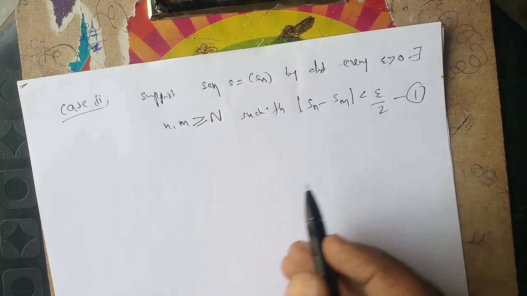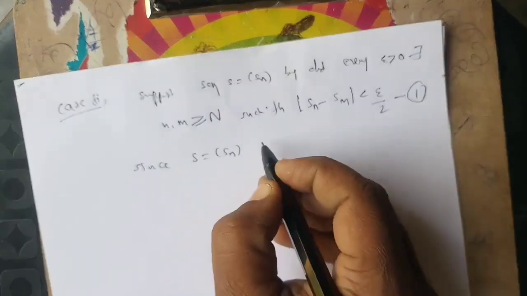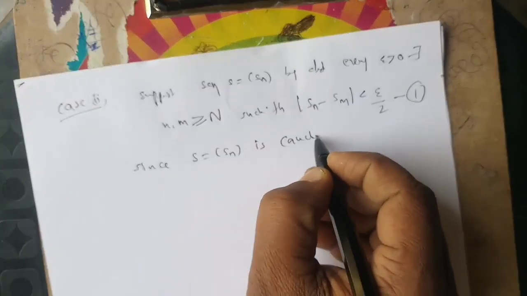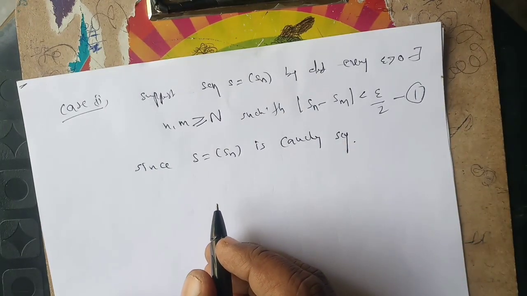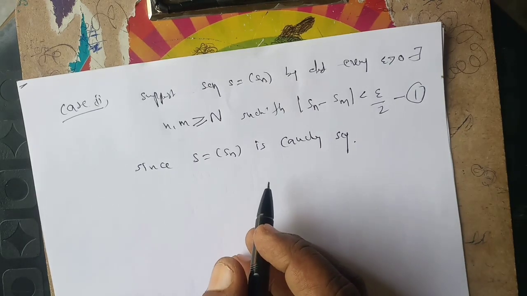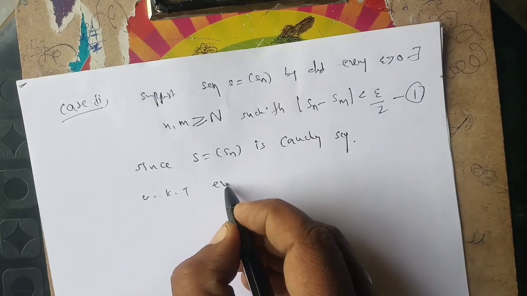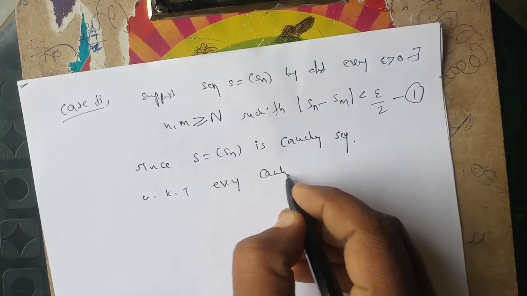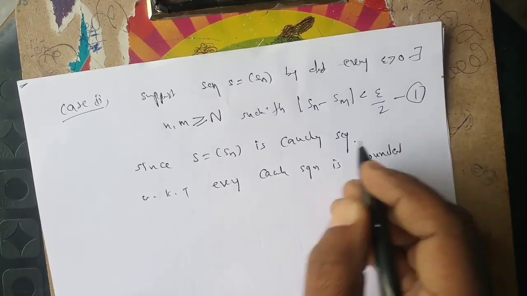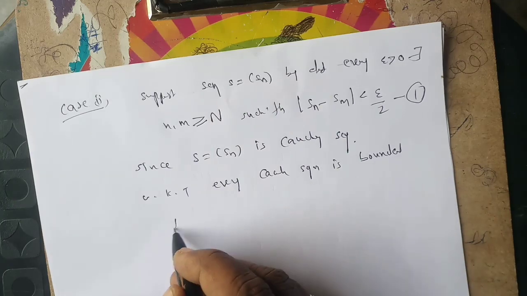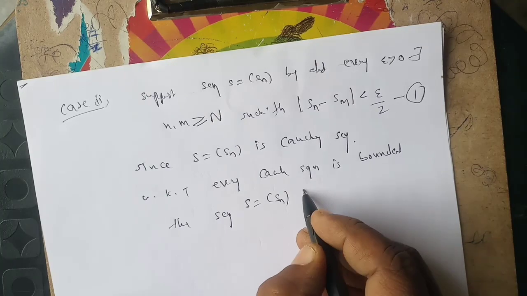Now we prove that since Sn is a Cauchy sequence, Sn is convergent. So we know that every Cauchy sequence is bounded. Then sequence Sn is bounded.